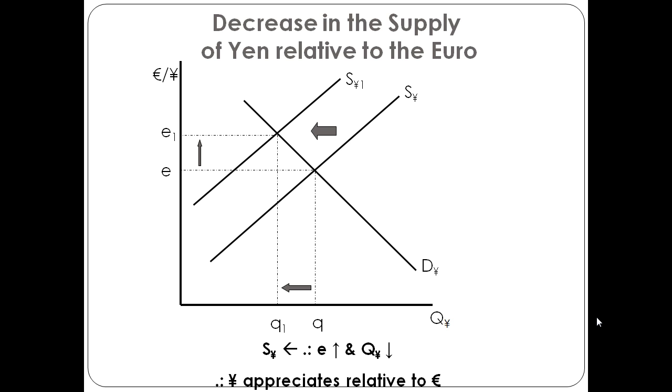So the supply of yen shifted to the left, which implies that the exchange rate went up from E to E1, and the quantity of yen went down from Q to Q1. So the yen appreciated relative to the euro. The yen became more valuable.